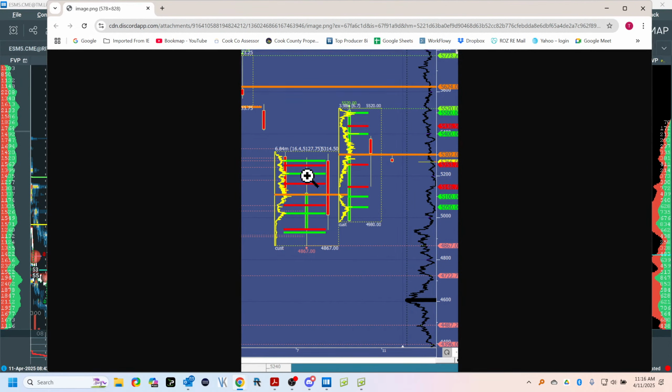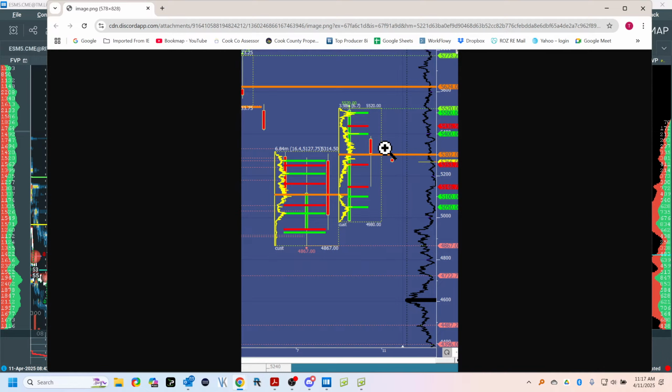This is the 53.15. So as long as we're trading down in here, I'm looking for this 5100-ish. If we come across 5302, which is really our balance area and the highest volume from yesterday, then I'm still thinking slosh, and we have an 85% probability of taking out yesterday's high or low.